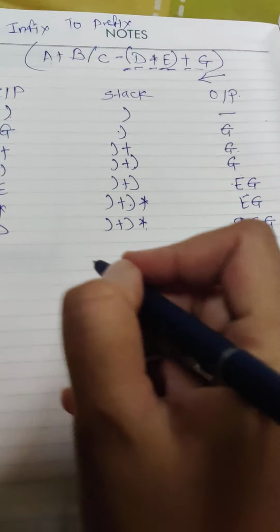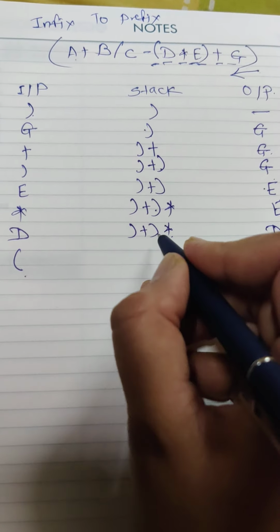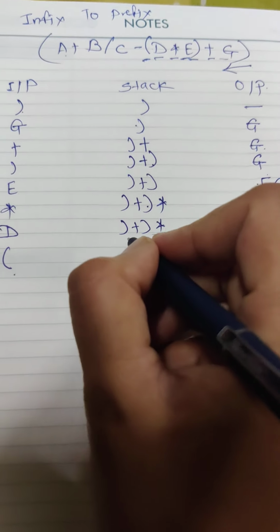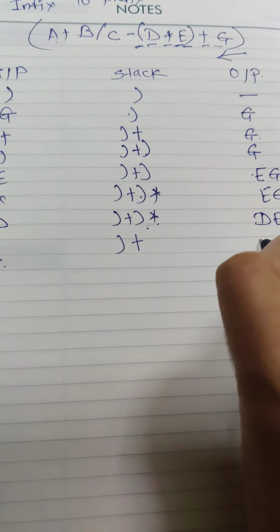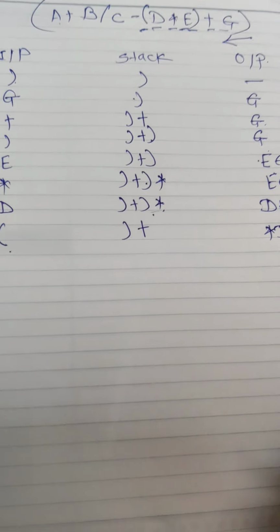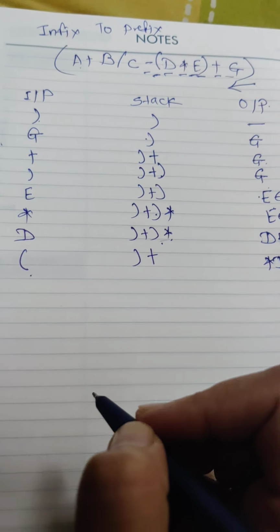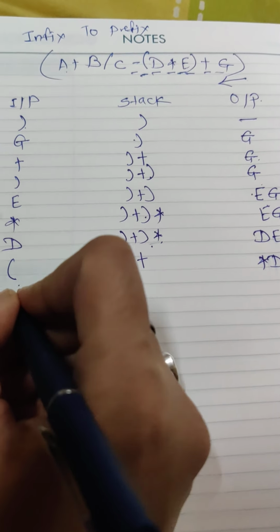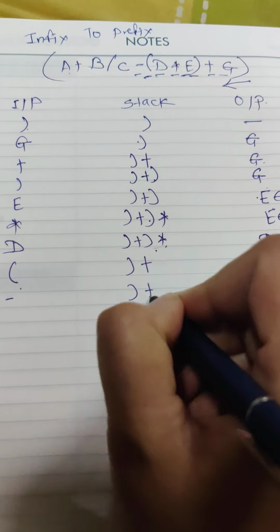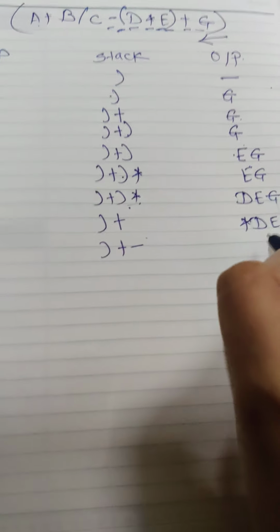Now the next is what? Next is the opening parenthesis. So now as it's the opening parenthesis, what will happen? We will pop this particular operator and it will become the output, and the output becomes multiplication DEG. Now next is what? Next is the subtraction. Now we know that subtraction and addition both have the same priority, so it will be moved to the stack.